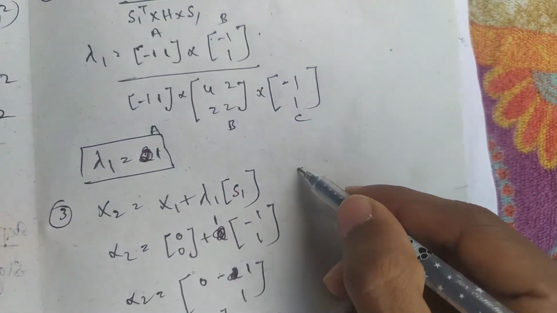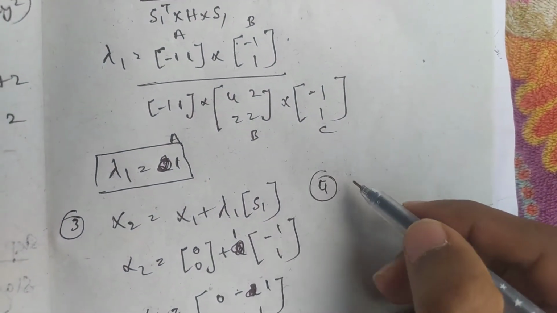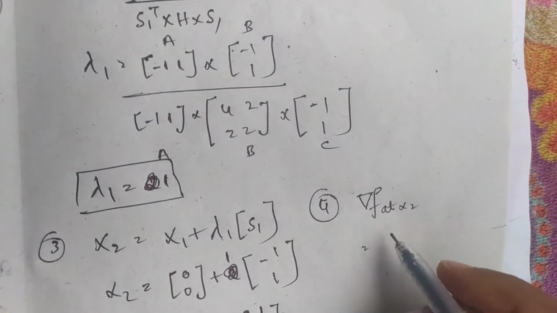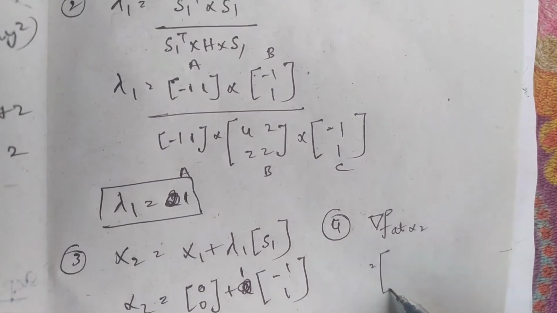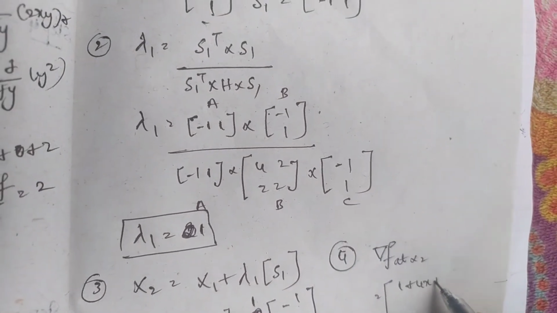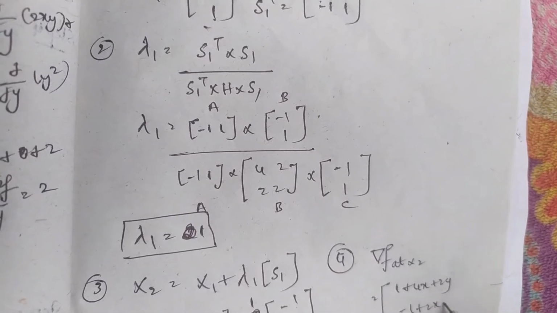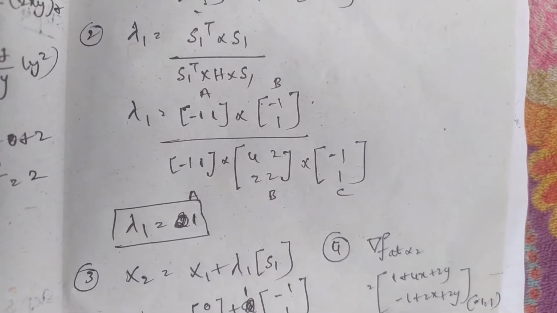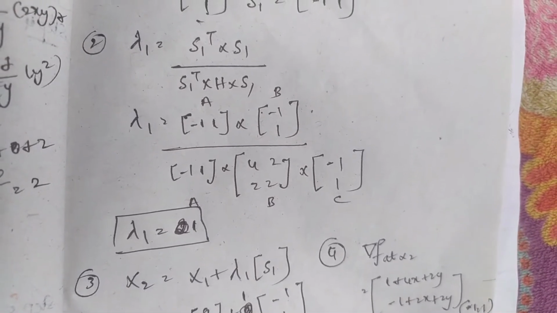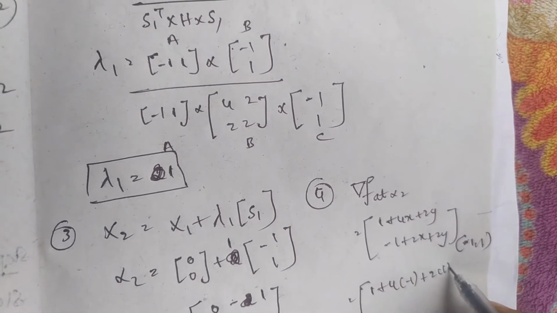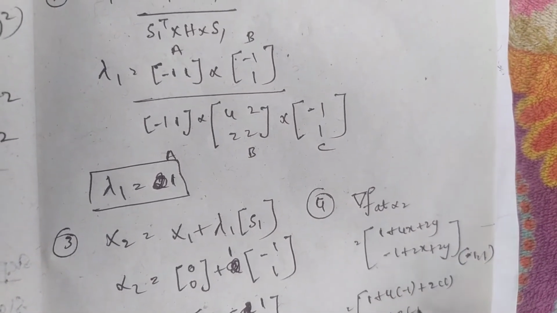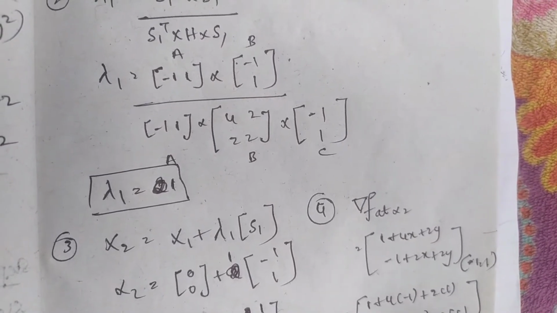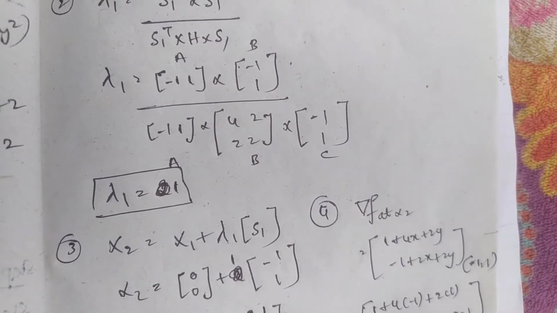Now we have to check for the optimality in step 4, that is grad f at x2, that is 1 plus 4x plus 2y, minus 1 plus 2x plus 2y. At x2, meaning minus 1, 1, we get 1 plus 4 of minus 1 plus 2 of 1, minus 1 plus 2 of minus 1 plus 2 of 1. We get 1 minus 4 plus 2 and minus 1 minus 2 plus 2.